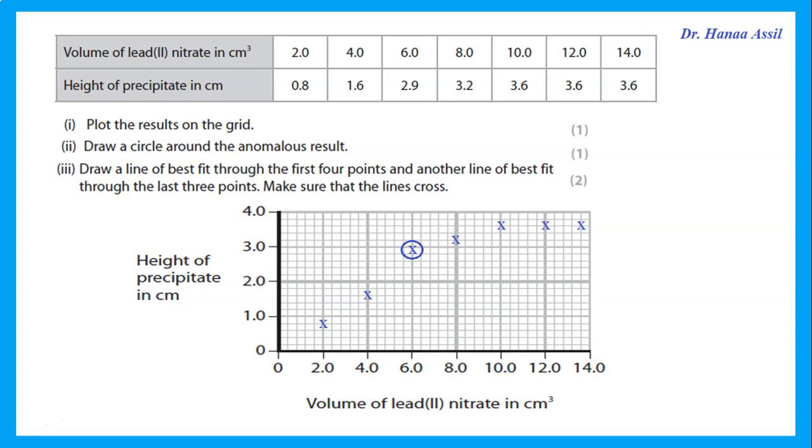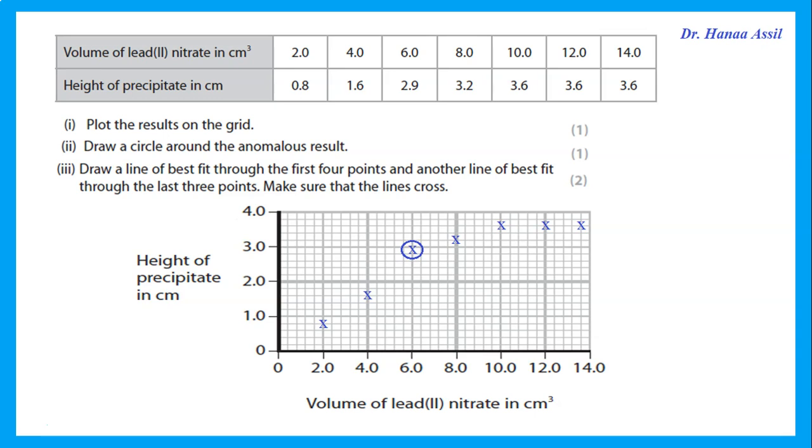So draw a line of best fit. Please, when you plot the graph, do not just join it as a curve and that's it. Most students do that. They plot it and they join as a curve and they move on. You have to read the instructions. Once we plot the points, how am I going to join them?